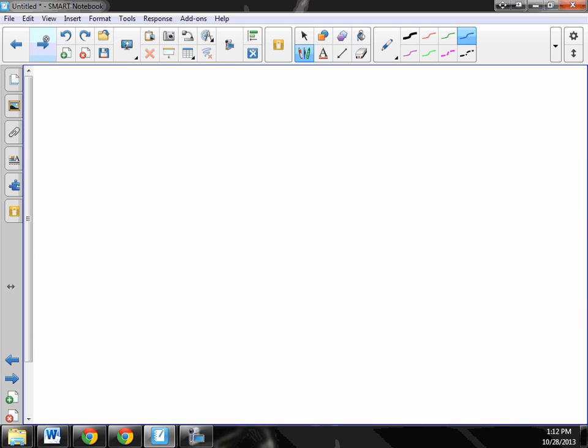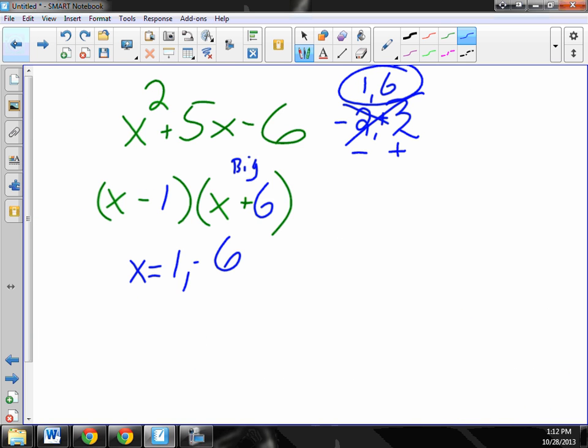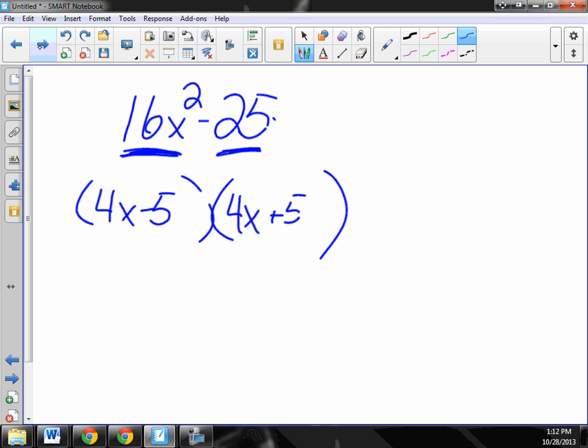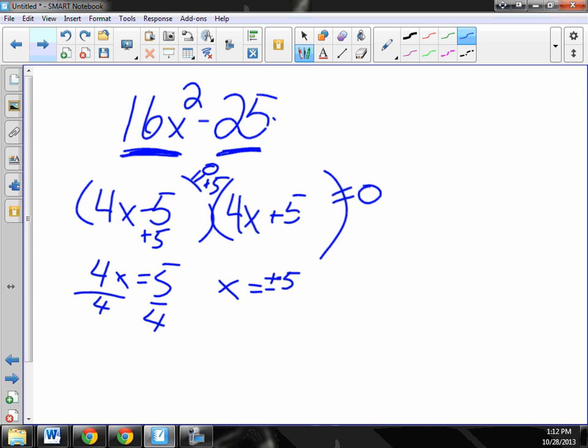So in this case, I want to put this equal to 0, and I would add 5. 4x equals 5, and divide by 4. We do the same thing on the other side, and you'd get plus or minus 5/4.